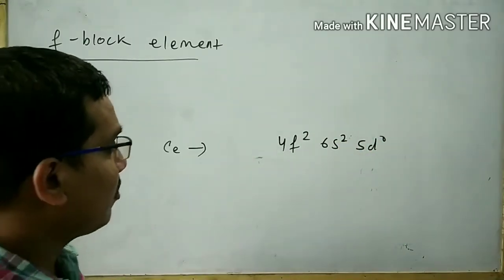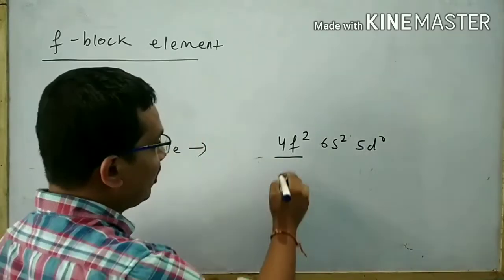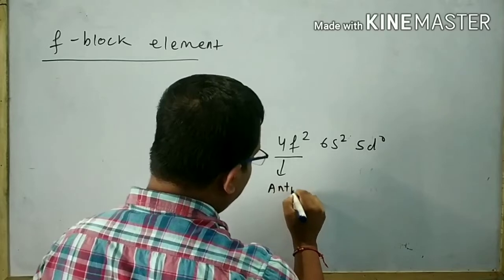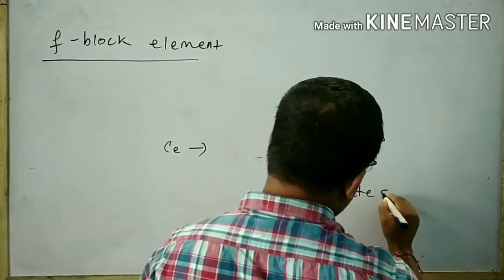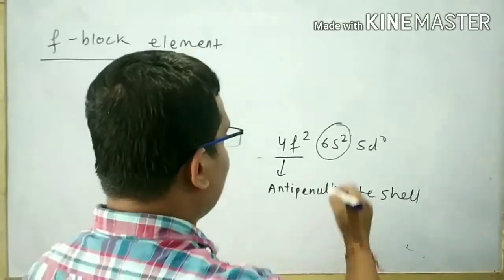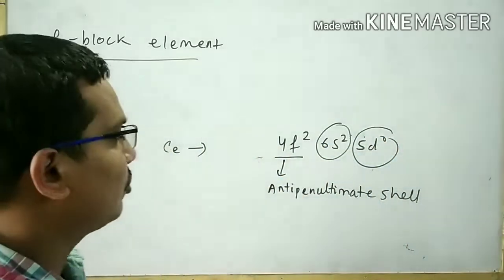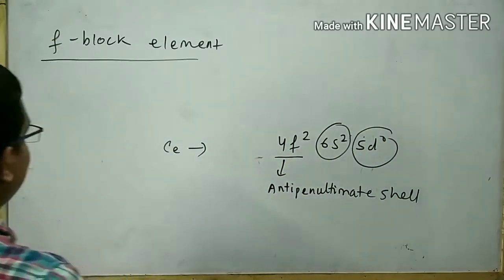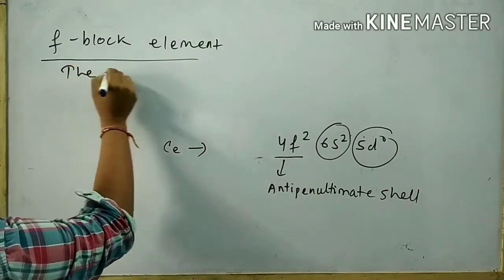Here the last electron goes to the 4f orbital, and the 4f orbital belongs to the antepenultimate shell. Here the valence shell is 6, the penultimate shell is 5, and the antepenultimate shell is 4.